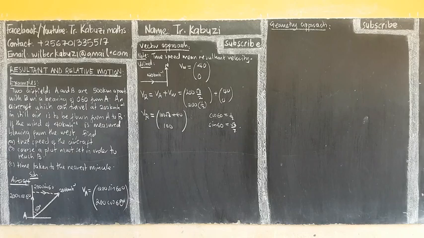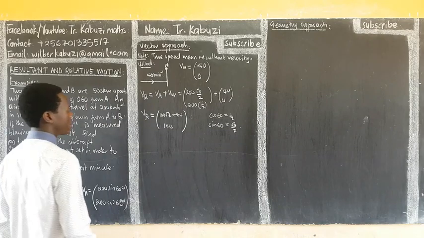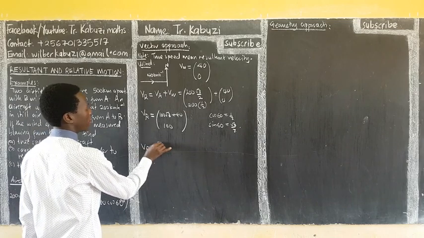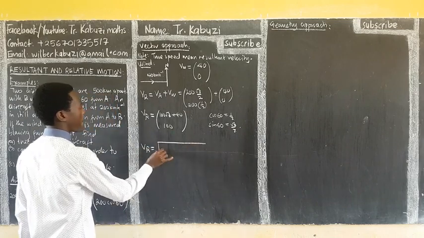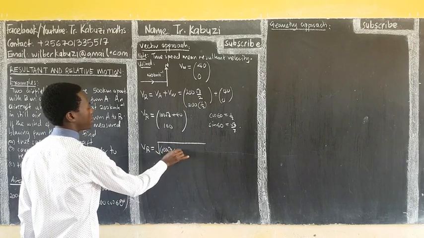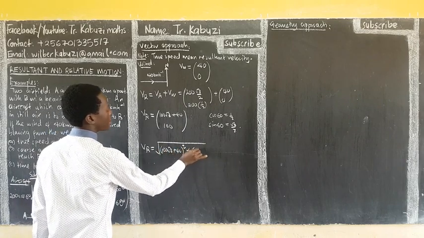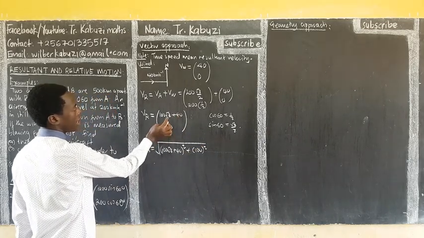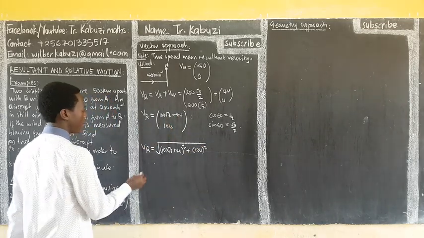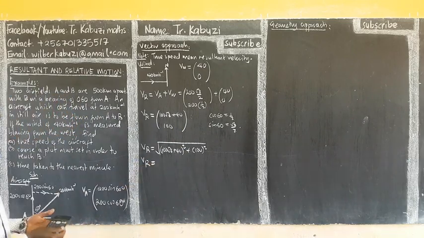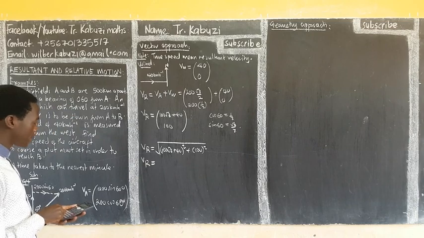So from there, I think we can see that we can get our resultant. Our Vr is going to be the square root of 100 root 3 plus 40 squared, then plus 100 squared. We cannot add this and this because this is a number and this is a surd, but you can leave it in small pieces if you want.